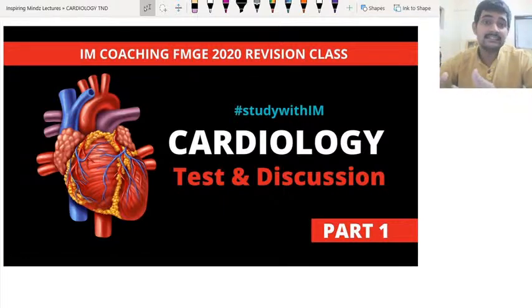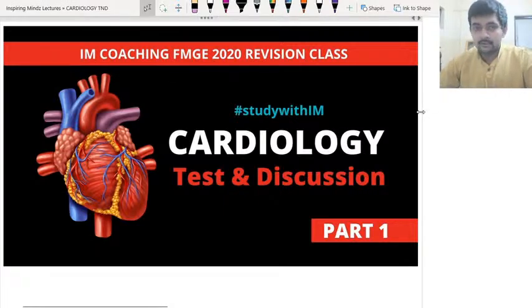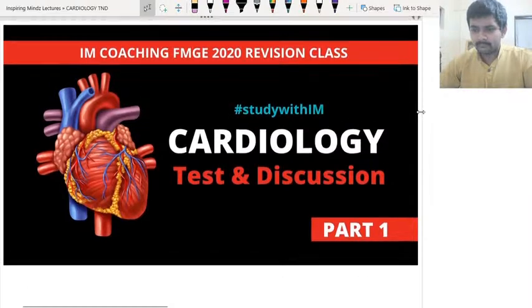The system we are starting today is cardiology, under which, as told in the timetable or the schedule that you have already received, we are having anatomy, embryology, surgery, and pathology related to the cardiovascular system. So we have a mixed bag of questions. It's important that you are able to apply them all together, not getting confused by the type of questions the examiner asks you, right? Fine. So let's start with the session.